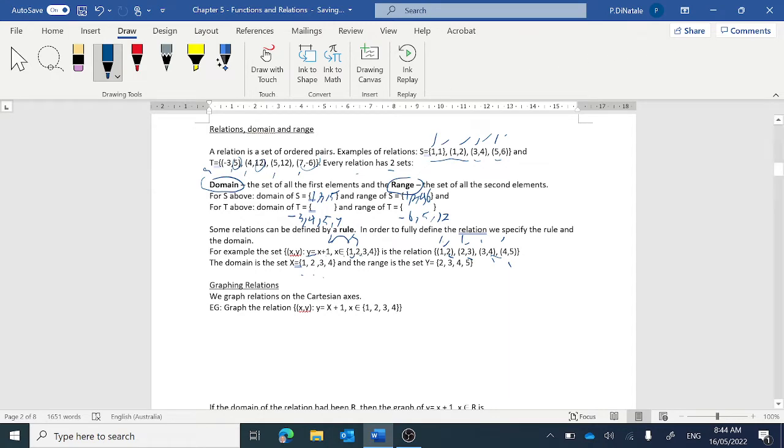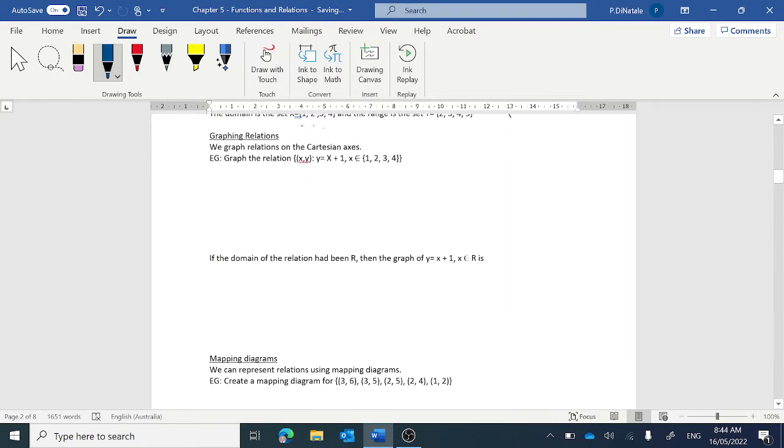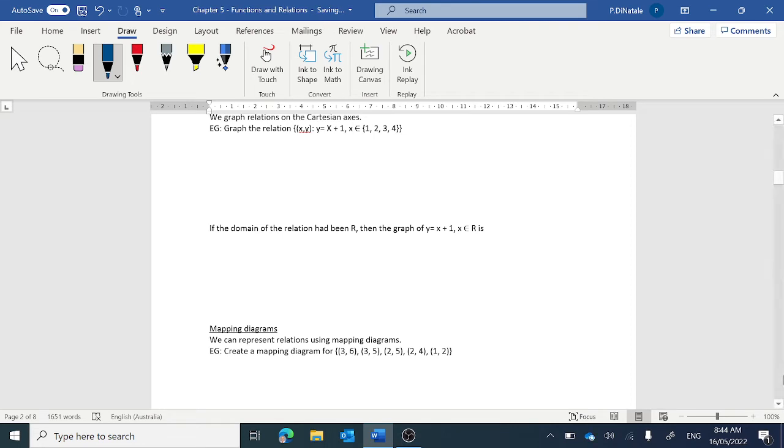Cartesian graphing of relations. We graph them on an x and y Cartesian plane, just same as before. So this one says graph the relation y equals x plus 1 when x is 1, 2, 3, 4. If I was to draw this, I'd be putting x as 1, 2, 3, 4, and y as 1, 2, 3, 4, 5.